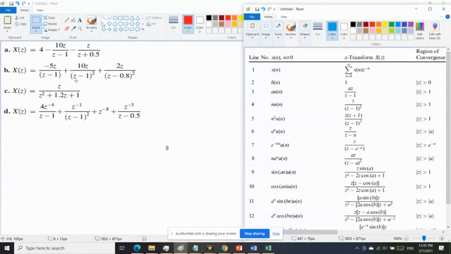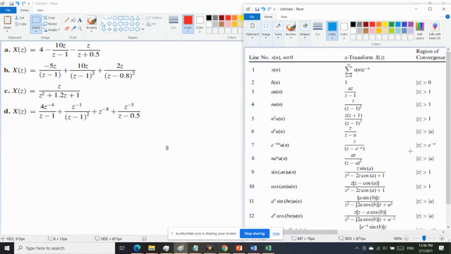This part we can use rule number 4. And this part, z minus a squared, we can use this one. We don't have to use partial here. We just use the table for each part and find its inverse.